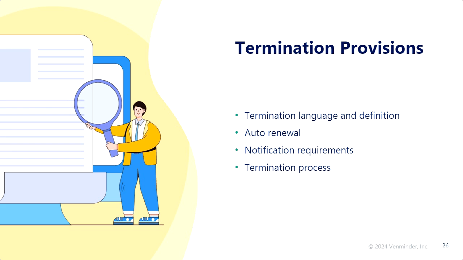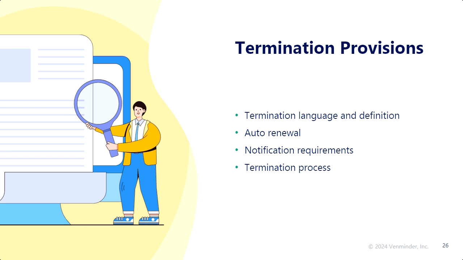Okay, so let's take a few moments and talk about the ever important termination provisions within the contract. Termination language and defining it clearly is such a critical part of the contract and a difficult part of the contract. Highly encourage you to collaborate with others within the organization, legal team if necessary, just to ensure that you clearly understand what the termination language is saying.